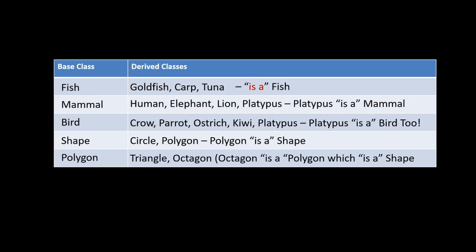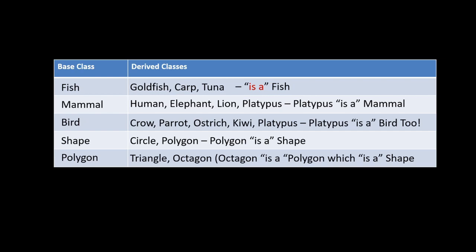However, tuna differs from a carp in the way that it looks, it swims, and in the fact that it is a saltwater fish. Thus, tuna and carp inherit common characteristics from a common base class fish, yet specialize the base class attributes to distinguish themselves from each other. So there's that word specialization again.